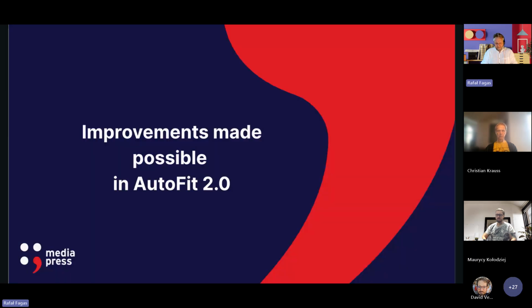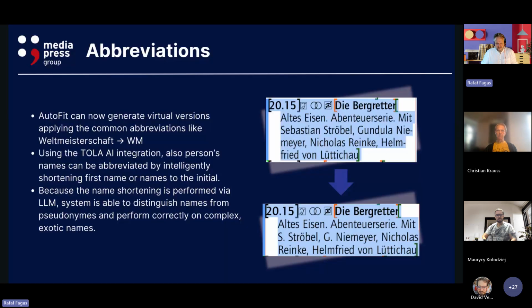Okay, that was a little bit technical. There was a little bit of explanation, but what does it mean for the editors, for the creation process? What can you expect from AutoFit 2.0 on your side? First of all, it can now automatically generate abbreviations.